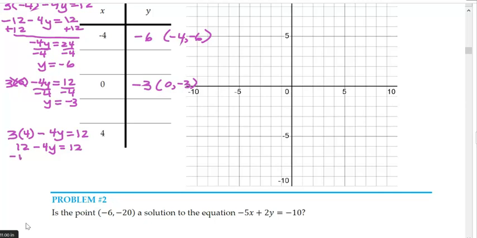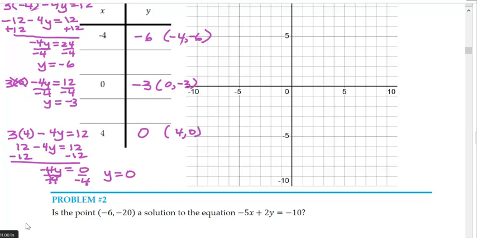And this time I need to subtract 12 from both sides, which is going to give me -4y equals 0. And if I divide both sides by -4, if we have 0 divided by a number, we get 0 for our answer. So 0 is our y that comes out here. And so we have the point 4, 0.